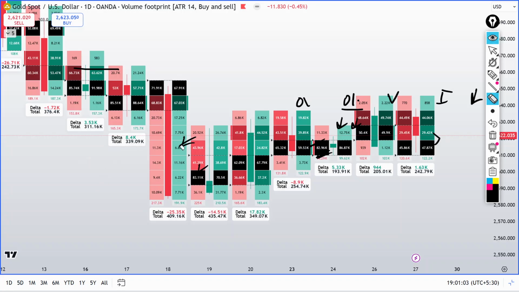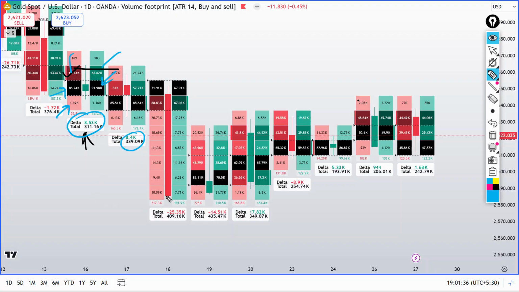If we check the overall view of the recent close, volume and delta, right over here is the 16th, and here we have very good volume. Let me change the color first. Over these bars we have a very good volume cluster on both the sell and buy side. Overall we have seen a good delta, then a good volume, and then on this day a negative delta with a good volume.